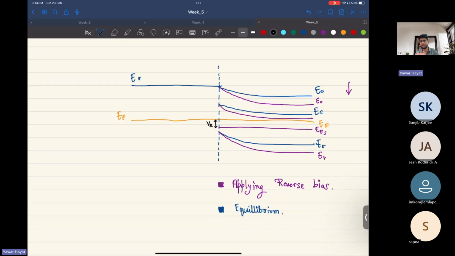How much your EFS differs from this EF level, that is V dash tells.